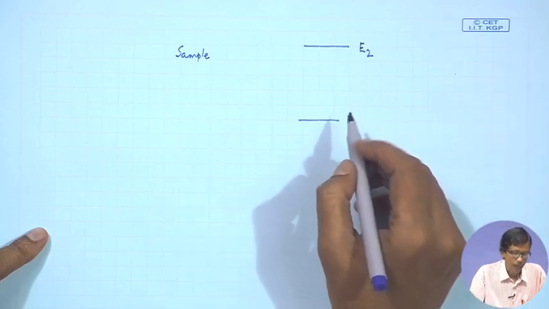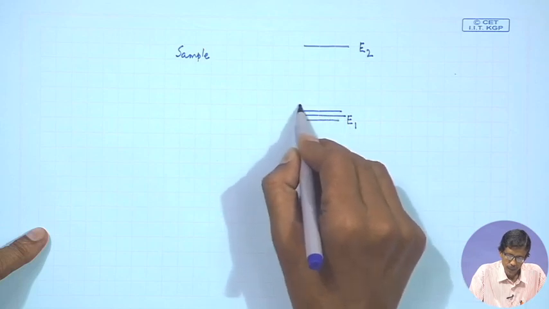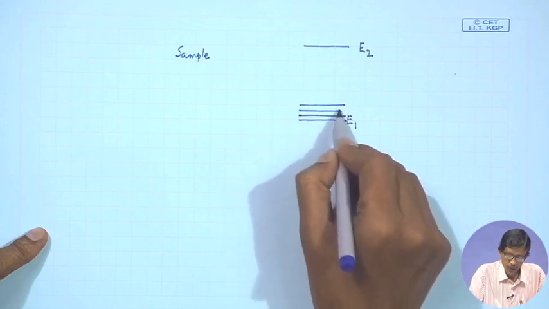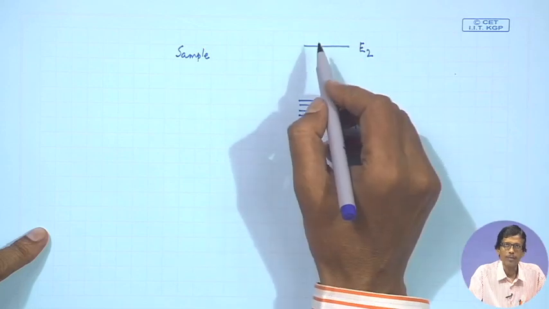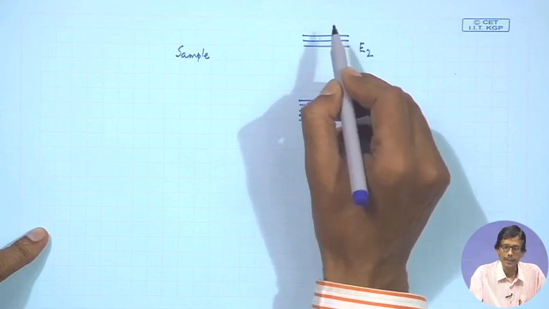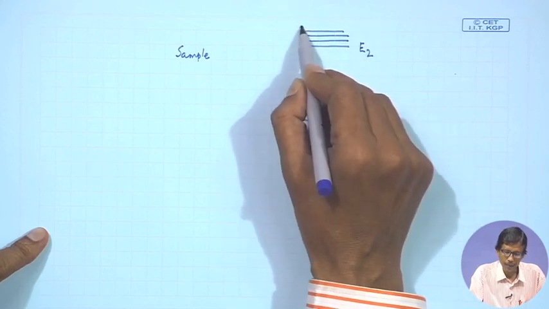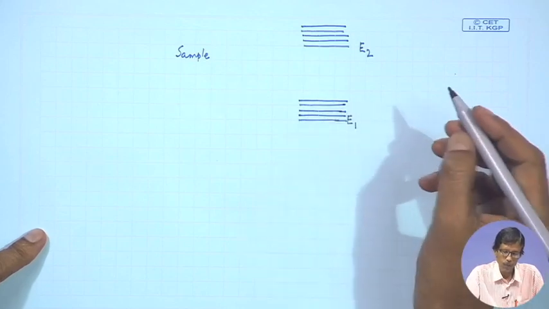Already we have seen that there can be different vibrational energy levels while talking about infrared spectroscopy. Similarly, here also in the upper excited states, you can have different vibrational levels: V0, V1, V2, V3 and V4.